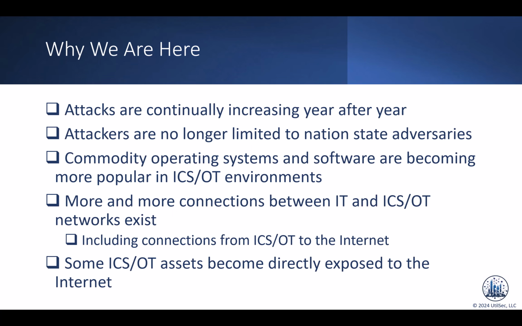So why are we here? This is where we start looking at, and I've really kept an eye on the control system cybersecurity space since 2010, and not a little bit before that, but really 2010 moving forward. So basically, almost 15 years at this point.